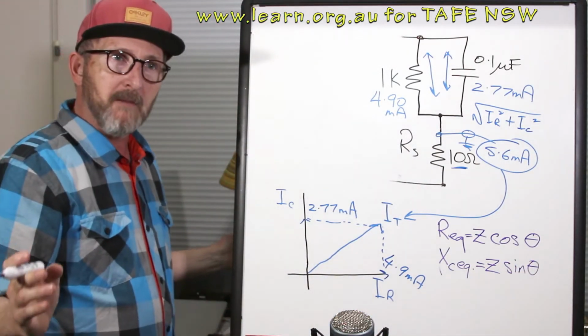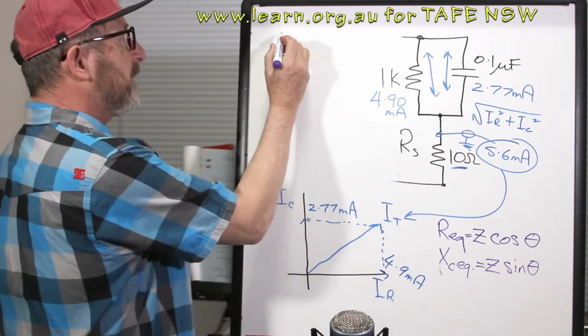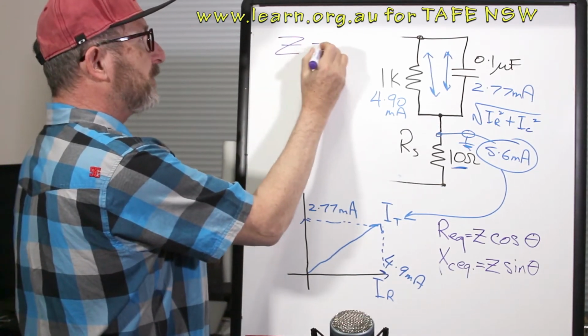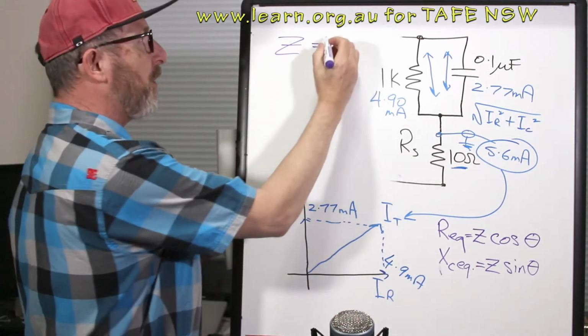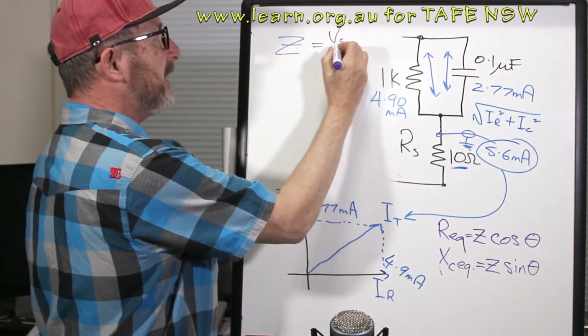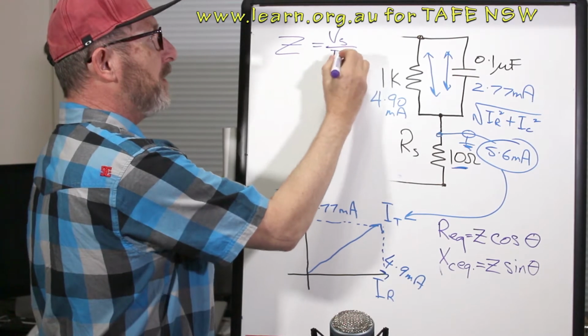We worked out the impedance already because Z, just like R equals V on I, equals Vs divided by IT.